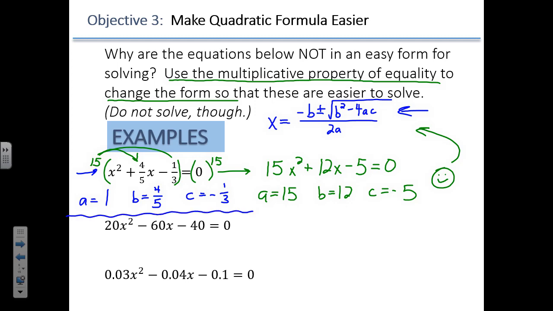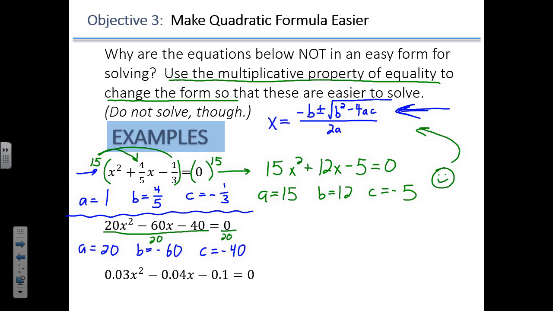Take a look at our second equation here: 20x squared minus 60x minus 40. Note here that your coefficients are kind of big. If we used it just as it is, we would say that a is equal to 20, b is equal to negative 60, and c would be equal to negative 40. We could do that, but we're going to get really, really big numbers when we plug everything into the quadratic formula. So instead of doing that, let's divide everything by a constant to reduce the size of these numbers. What can we divide everything by? You might notice we could divide everything by 20.